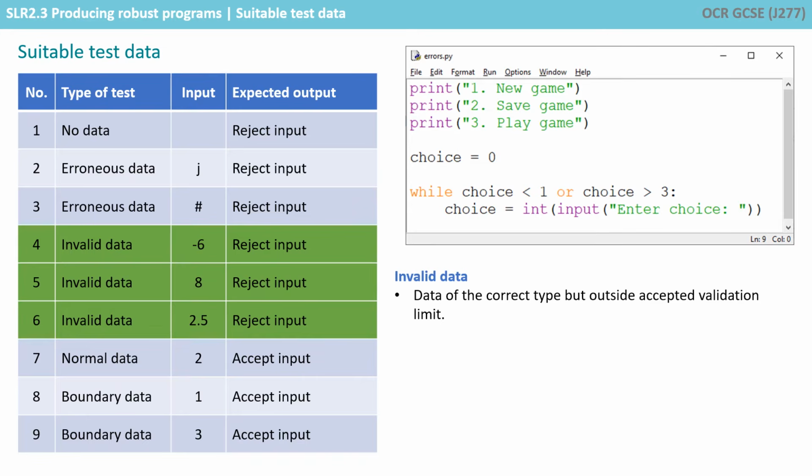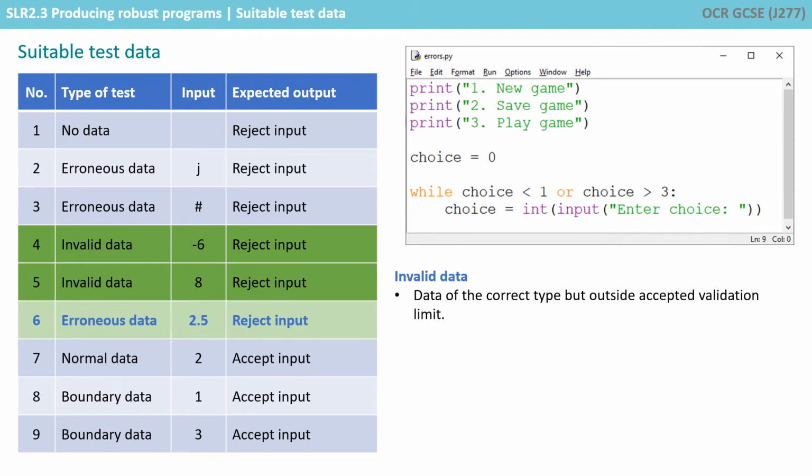So this is the correct data type, but the program only expects a number between 1, 2 and 3. So it should be rejected. Test 5 is looking at the number 8, which again is an integer, but is above the range, so is invalid and should be rejected. And 2.5, although it's inside the range 1 to 3, that's a real number, a floating number. It's not a whole number, so that should be rejected.